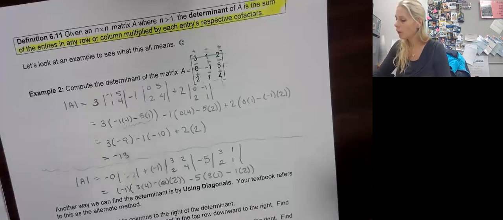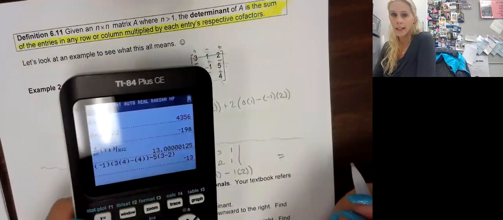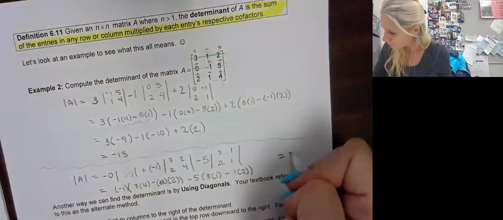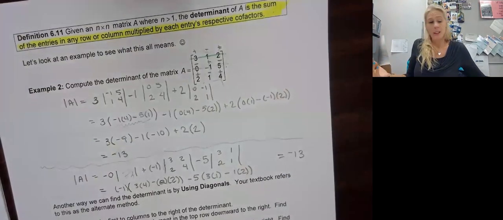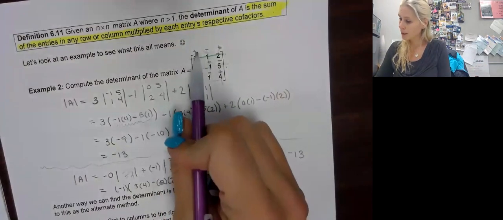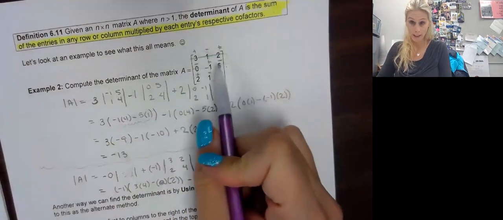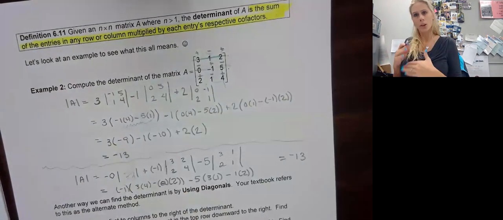And what do you know? When you do this out, guys, you can see I got -13 on my calculator. Okay, so that was me just proving to you that you could use any row or column you want as long as you're doing the correct adding or subtracting there. But I would stick with the same thing always, so you're always in the same habit.